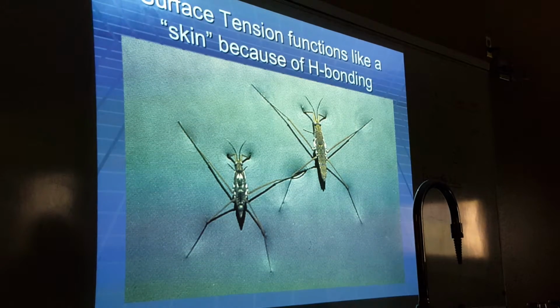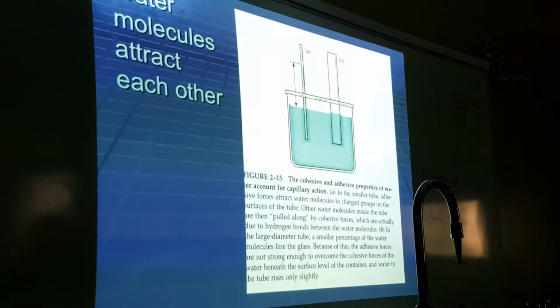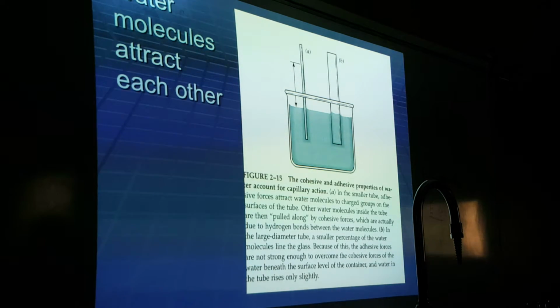It's because of hydrogen bonding at the surface, the attraction between those water molecules on the surface, that gives it that property. Pour a beaker full of acetone and see how long those bugs will float on it. Not very long. They'll sink like a stone. And capillary action is the same thing.